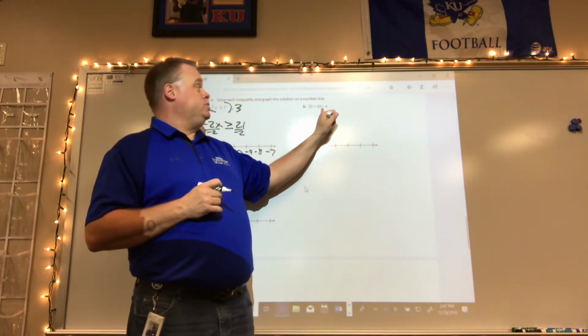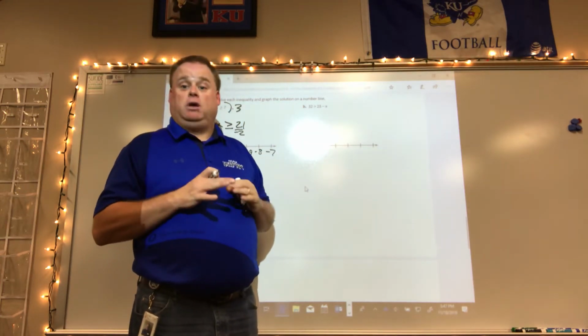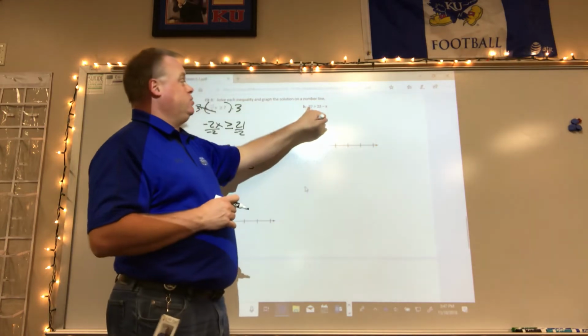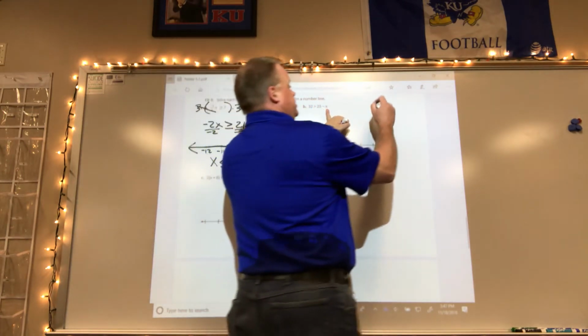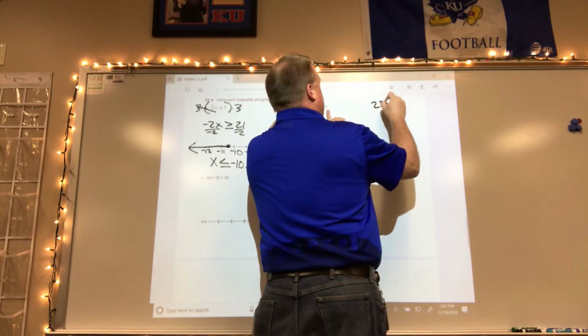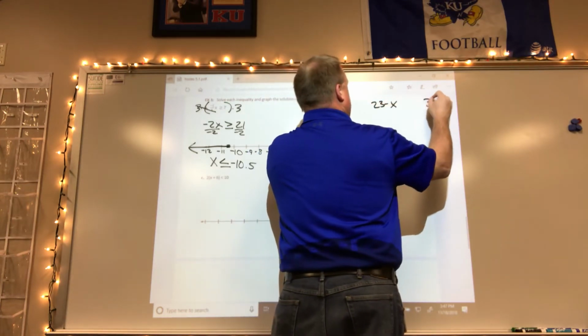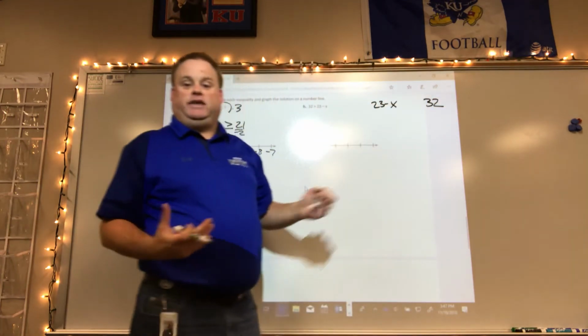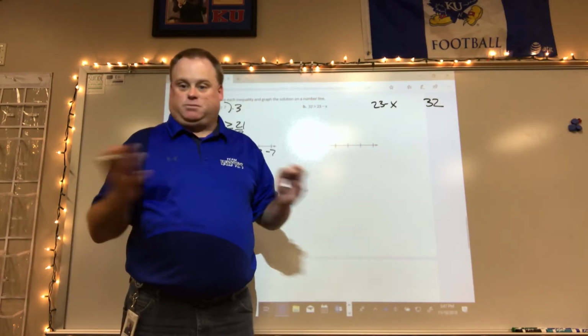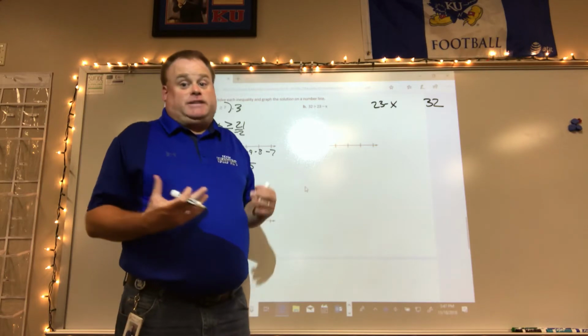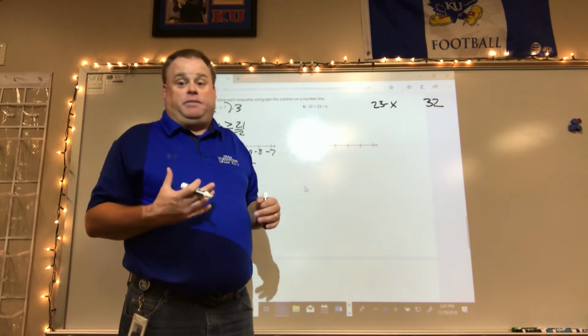So I'm going to switch this right now. It's 32 greater than 23 minus x, so I'm literally just going to write 23 minus x and 32. All I did was put them on the other sides. That's it. If it was an equal sign, it's pretty easy. It's still easy here. I just have to pay more attention.